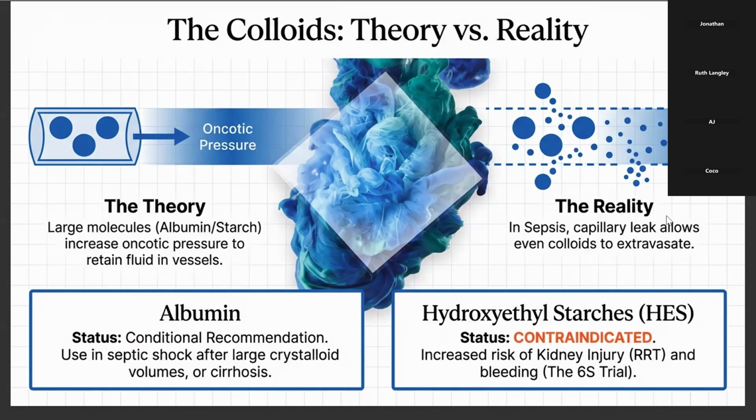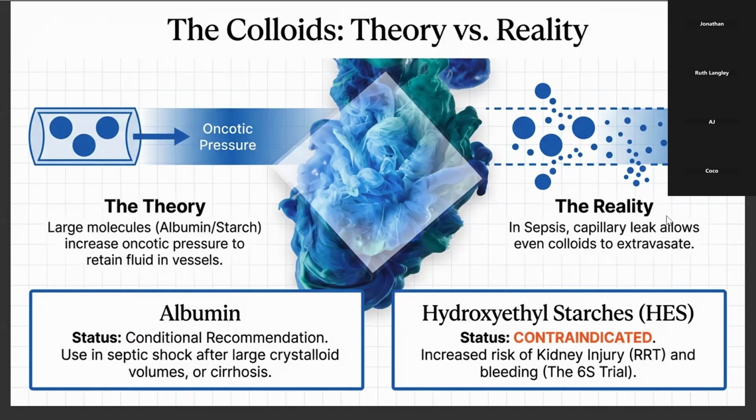Albumin is the commonly used one. We'll often give it in septic shock after large crystalloid volumes, or if the patient's cirrhotic. If they're cirrhotic, they've got a lot of fluid in their tummy, which we need to get out because it's causing them all kinds of problems. So we'll give them albumin to try and draw that fluid back into the circulation, and hopefully then they'll pee it out.